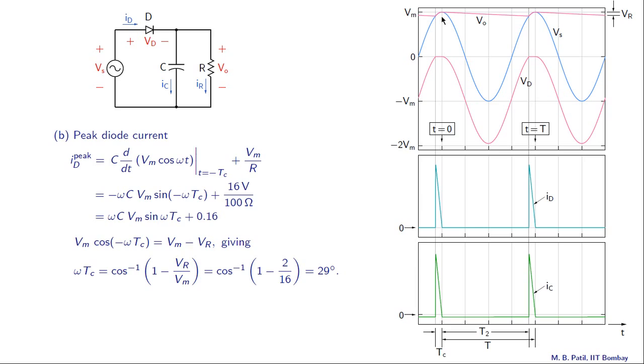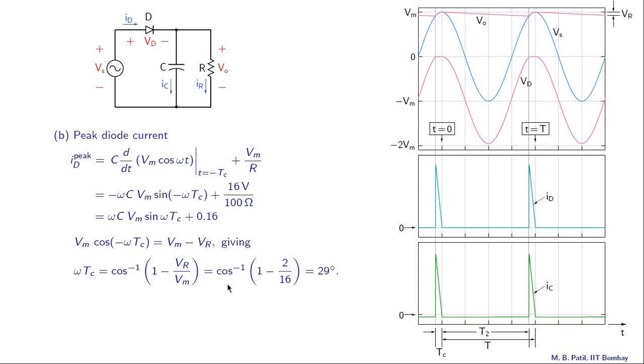That is nothing but Vm minus Vr, because the difference between these two is Vr. So we can use that condition to get Vm cos of minus omega Tc equal to Vm minus Vr, and that gives us an idea of what Tc should be. So omega Tc is cos inverse of 1 minus Vr by Vm.